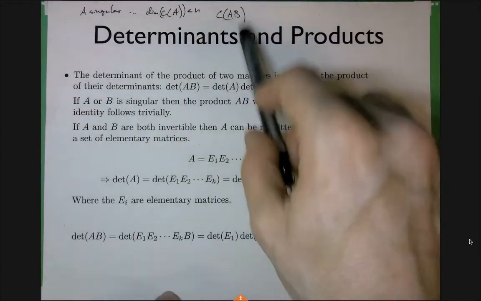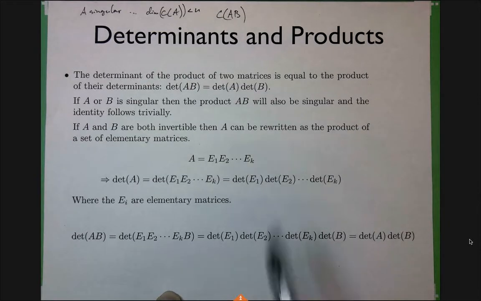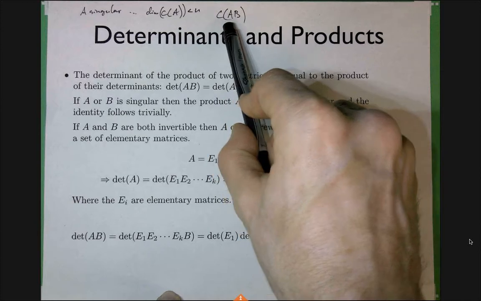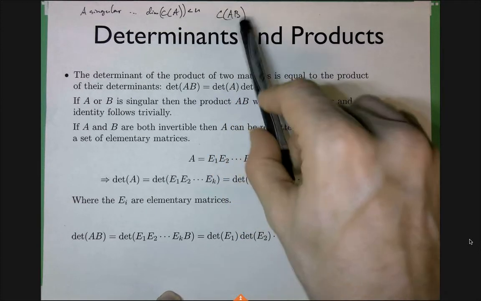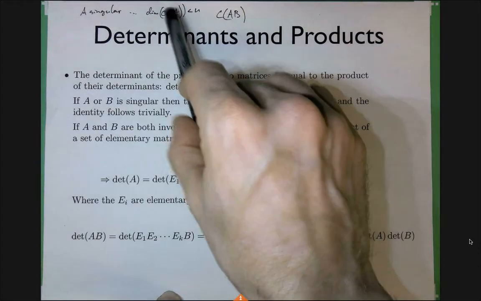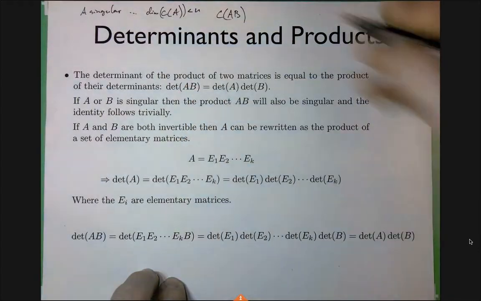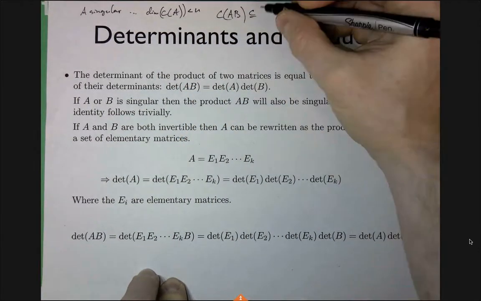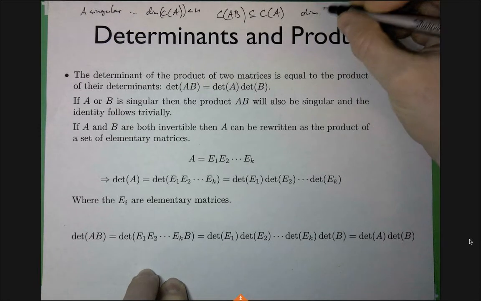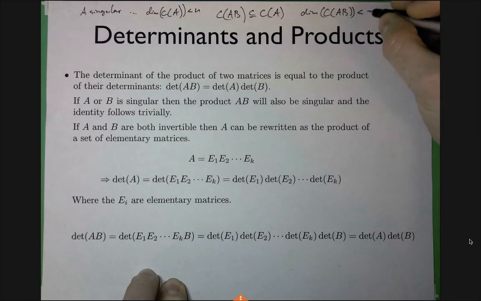B makes only linear combinations of columns of A, right? Every column of the product AB is a linear combination of columns of A. So there is no way B could create some vector which was not already in the column space of A. That means the column space of AB is a subset of the column space of A. So the dimension of the column space of AB must also be strictly less than n.